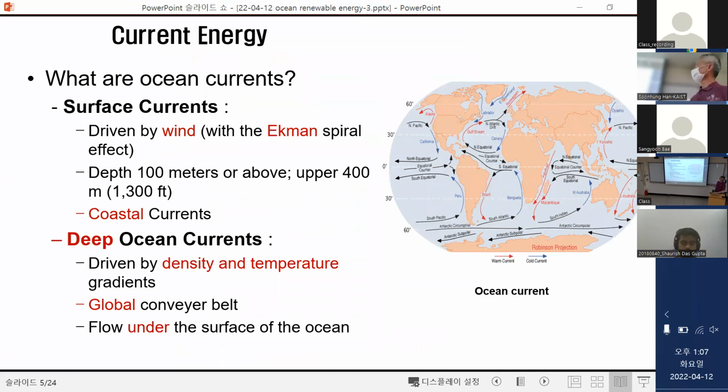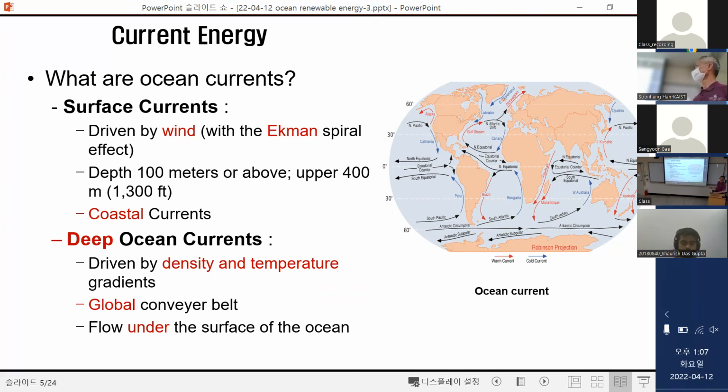Ocean currents are coming from wind and also the rotation of the Earth. And there is another deep ocean current driven by density and temperature gradient.